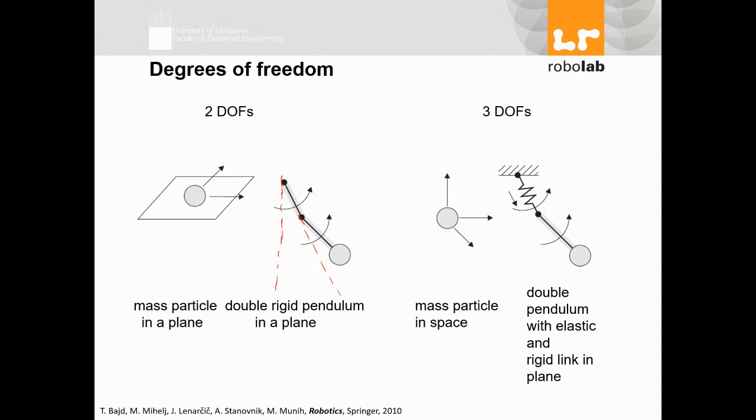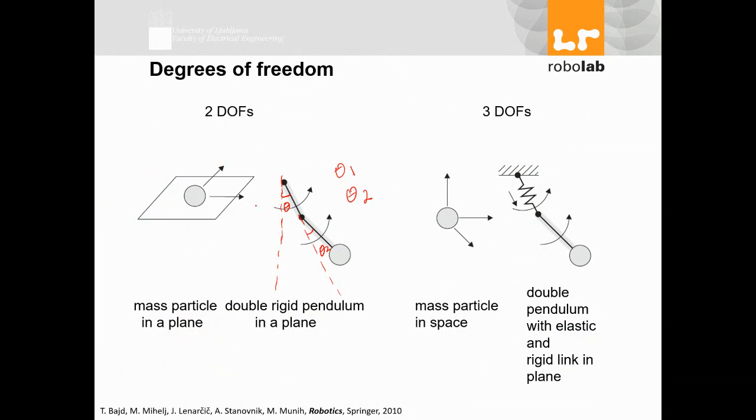So I have theta 1, I have theta 2. To describe the position, to explain where my object is right now, I need to say what is theta 1 and what is theta 2. That would be 2 degrees of freedom.